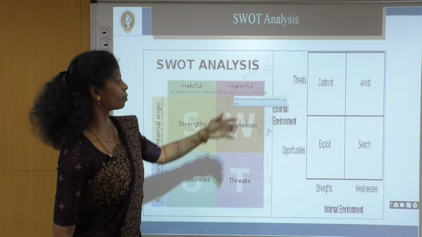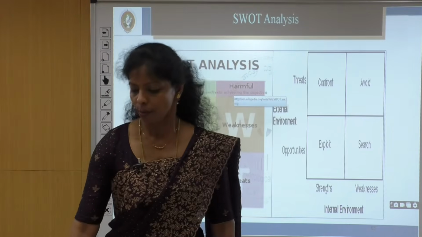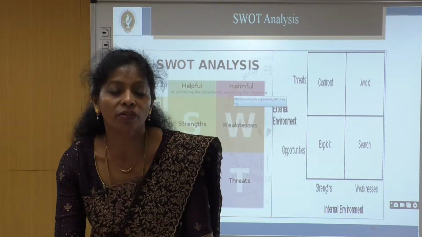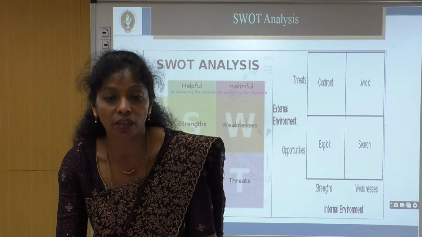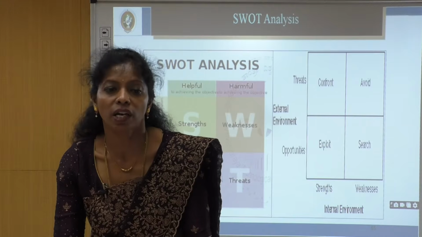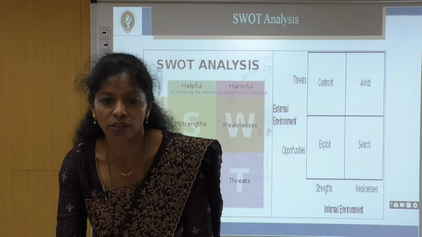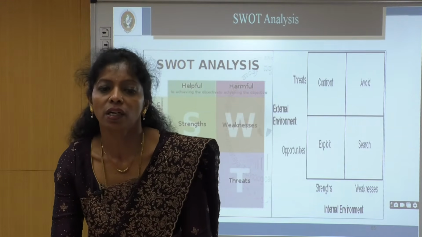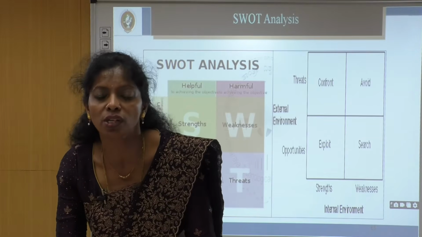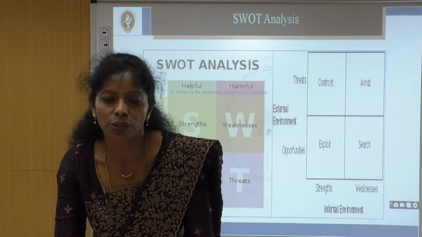This is taken from Wikipedia, one of the sources for better understanding. Threats have to be confronted. People have to confront threats, try to avoid weakness, and exploit strengths and opportunities. As an individual, when you have an opportunity and a weakness, you search for alternative ways to overcome.